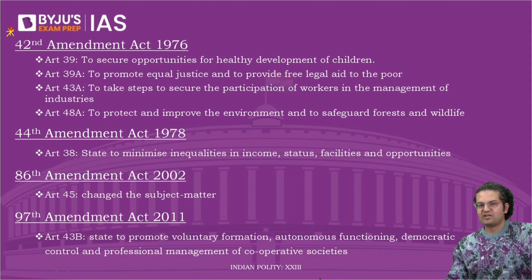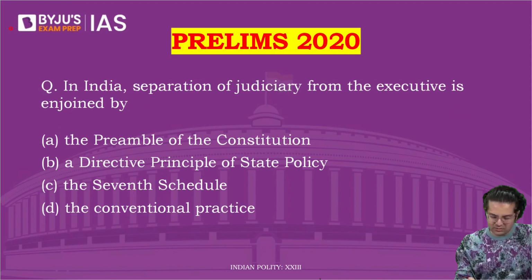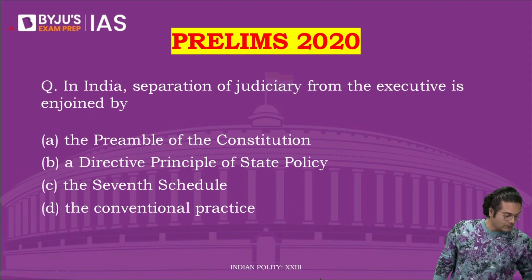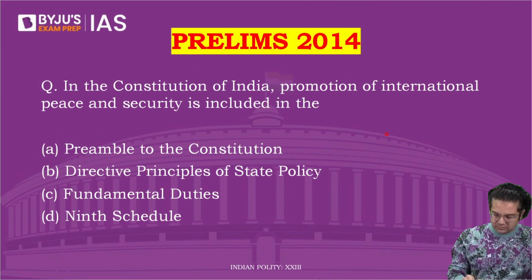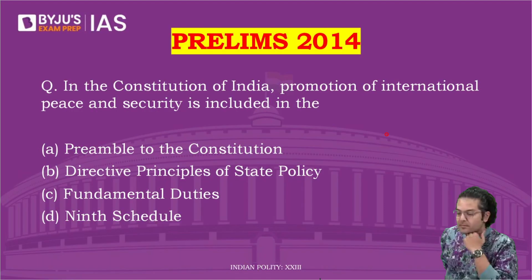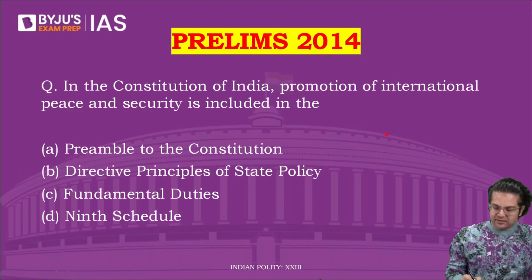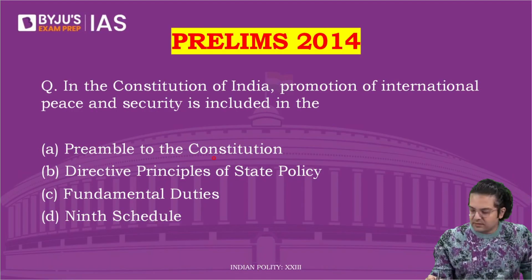Okay, question time. Solve this question. Very different. Of judicial. One more question. 86%. This is Article 51, part of DPSP.